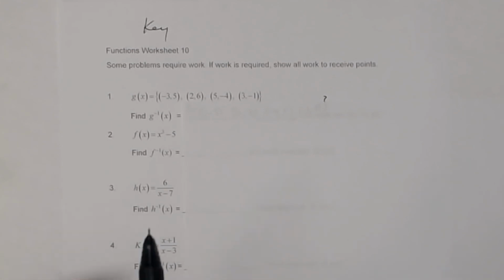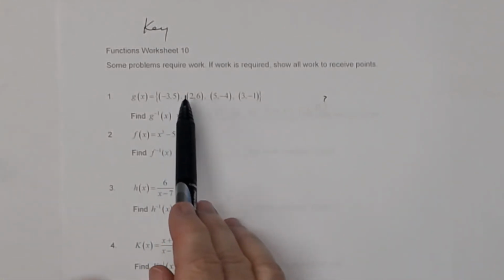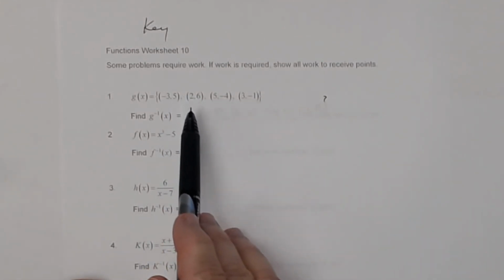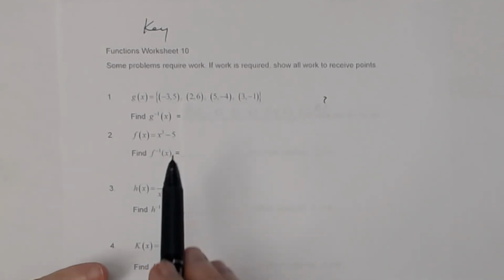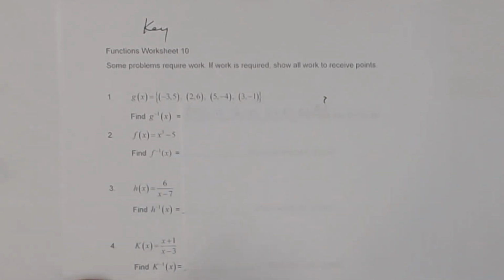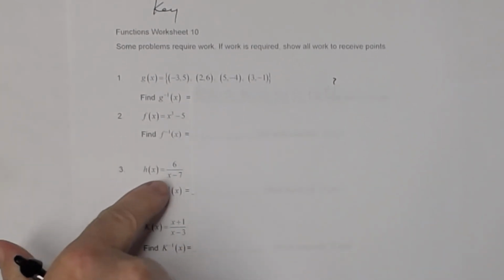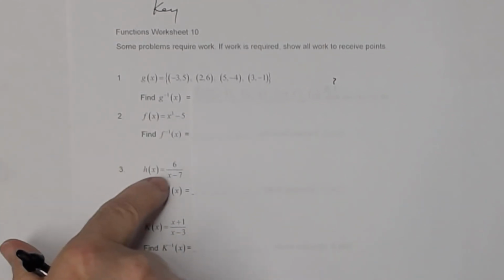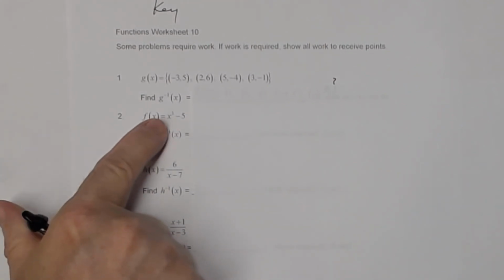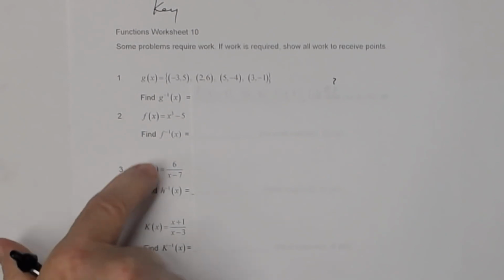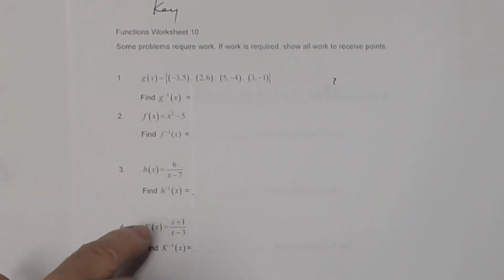In number one, you'll notice that it is a finite set of ordered pairs, so you can actually count them: 1, 2, 3, 4. The rest of these are written as variable expressions, so the number of points on the graph is going to be infinite.